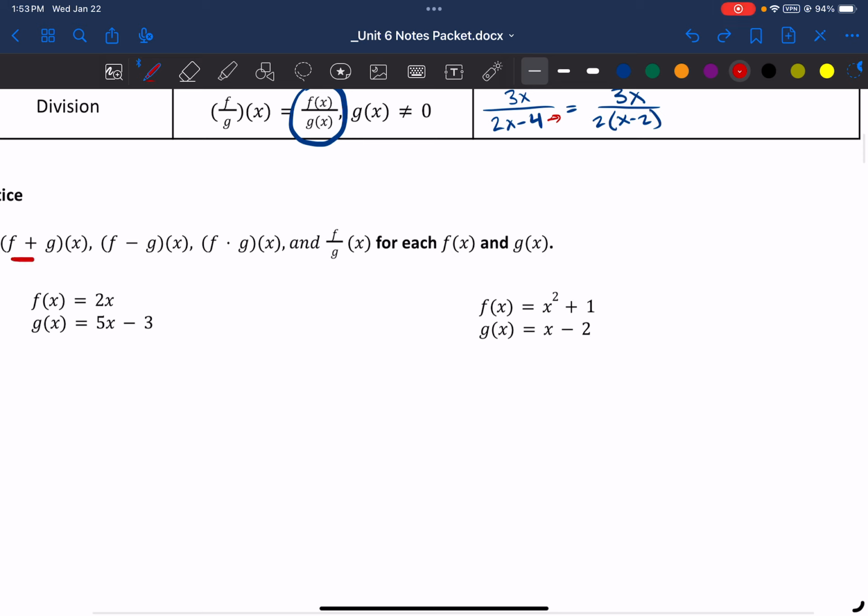Okay, first I'm going to do the f plus g of x. We have our x squared plus 1 being added to our g of x function, x minus 2. When we're adding, we can drop the parentheses and combine like terms.